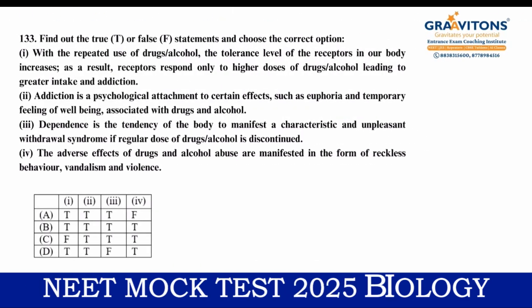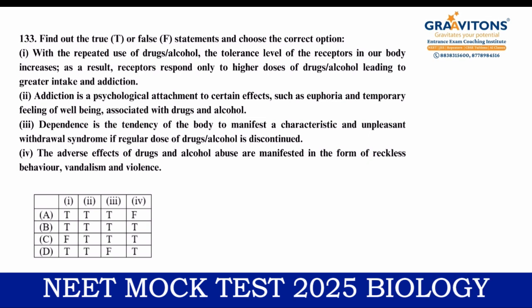The next question, find out true or false statements and choose the correct option. The statements given here are from the chapter Human Health and Diseases. So first statement, with the repeated use of drugs or alcohol, the tolerance level of the receptors in our body increases.